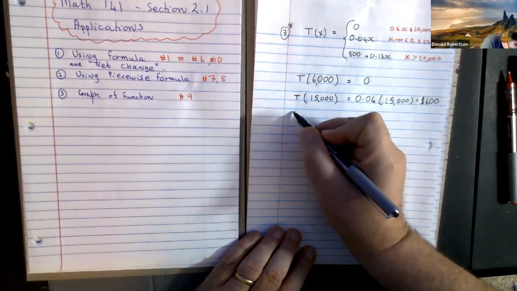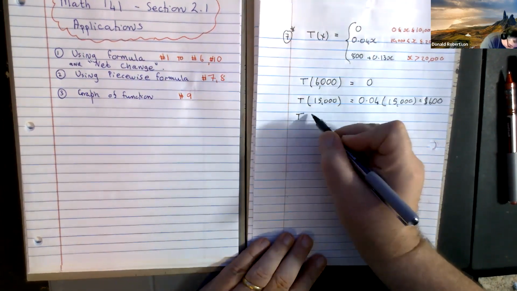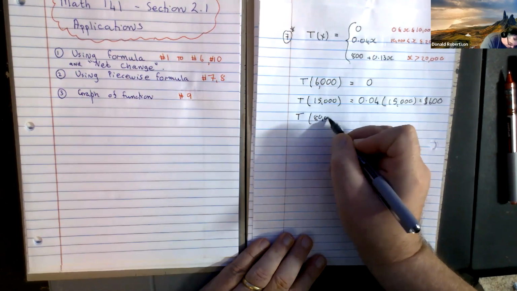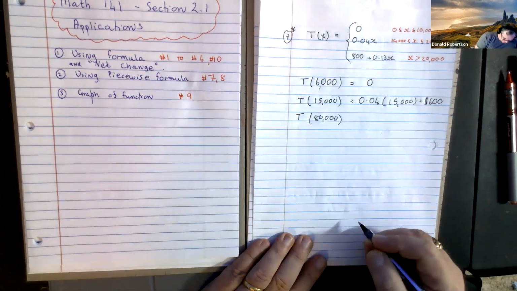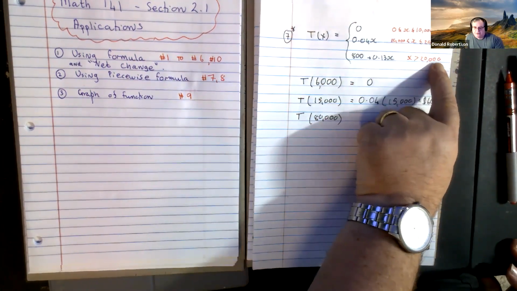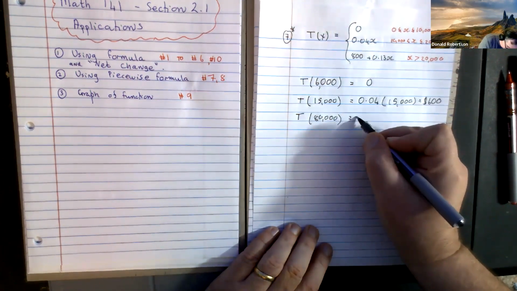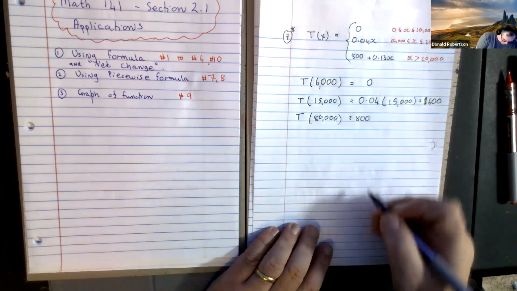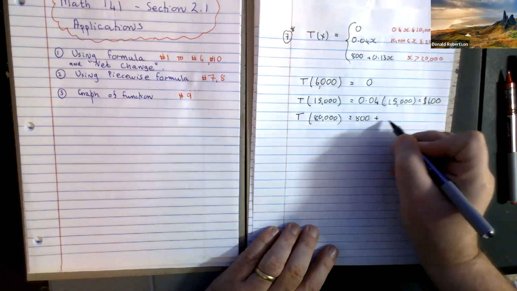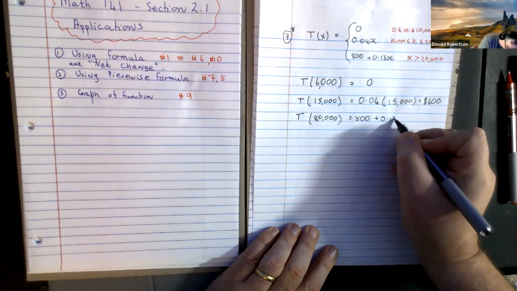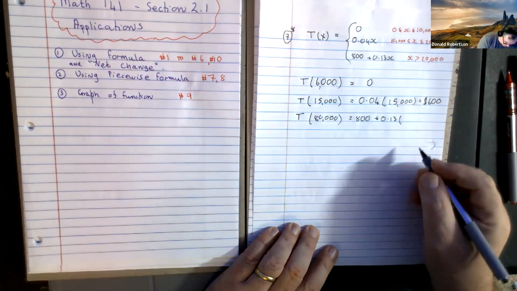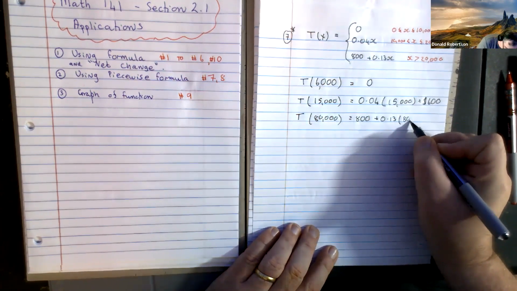And let's say someone else in the family makes $80,000 a year. Well, 80,000 belongs under the third category. So his or her tax is going to be 800 plus 0.13 times 80,000.